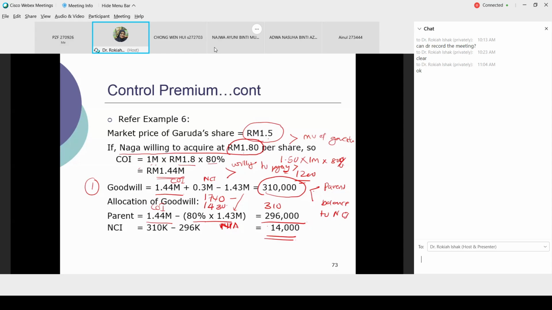Then how to allocate the goodwill? Allocate the goodwill to the parent first, based on the COI minus net identifiable asset. Then the remaining balance is going to be allocated to NCI. The 310 minus 296 is allocated to the parent, so the balance here is for the NCI.